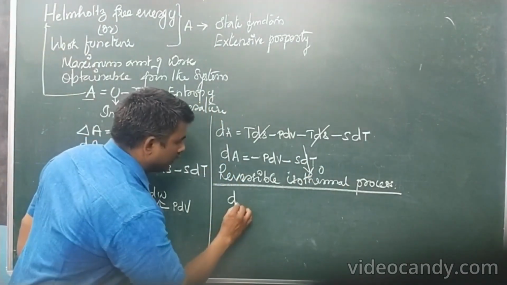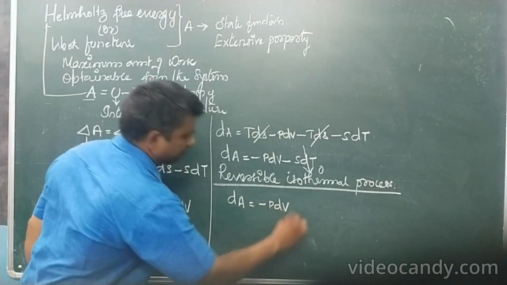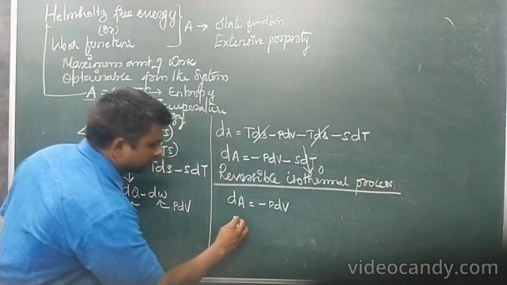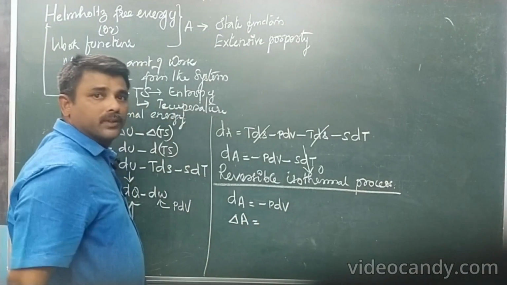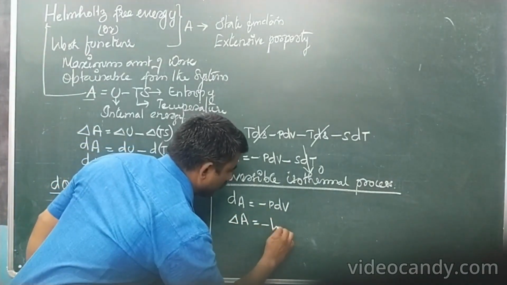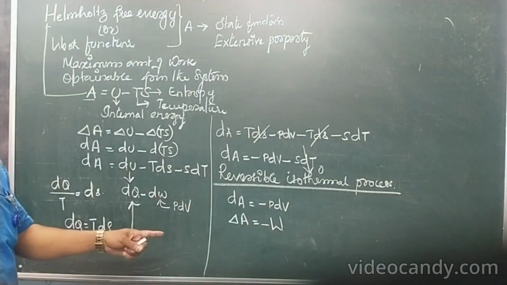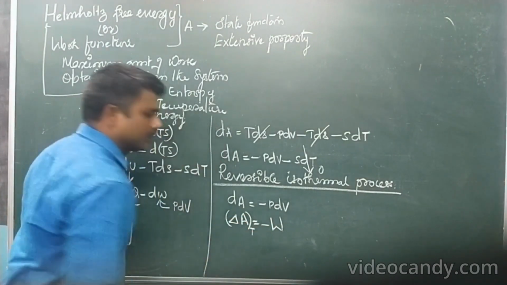Then dA is equal to minus P dV. Clear? Or I can write it like this: dA is equal to minus P dV, which is nothing but minus W, at constant temperature.